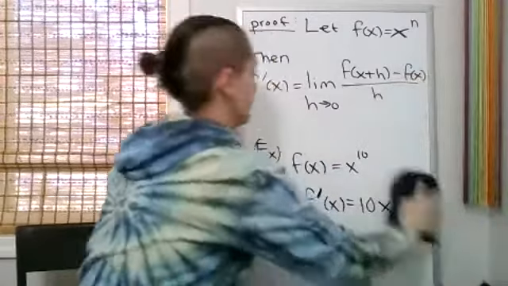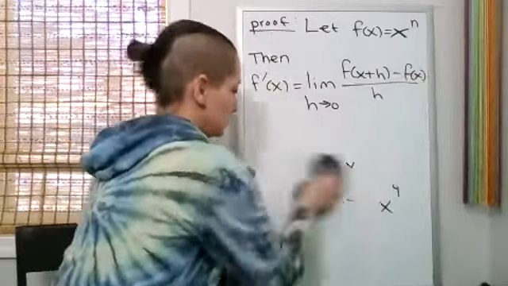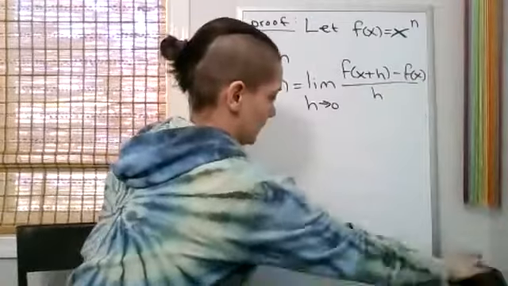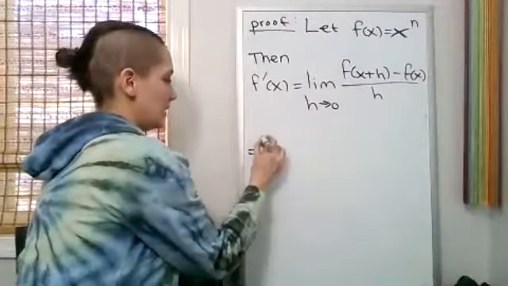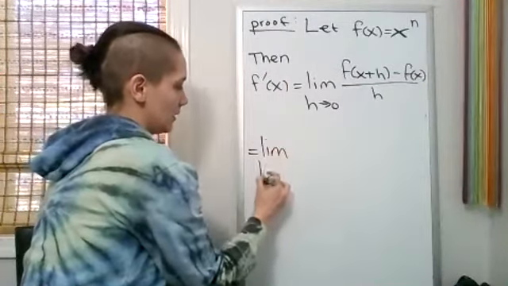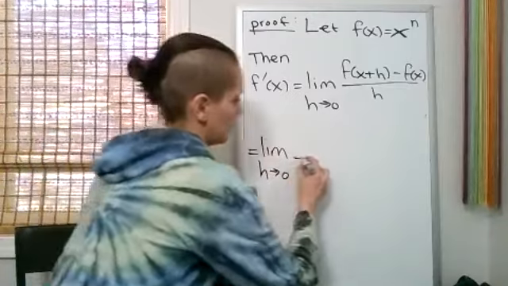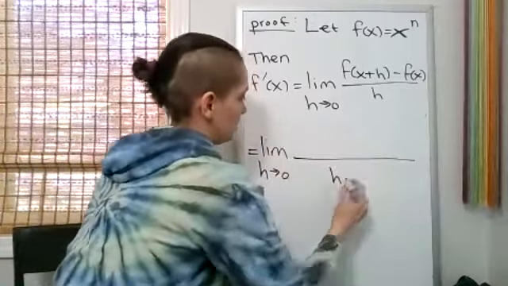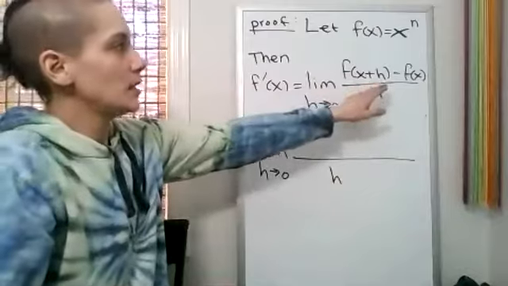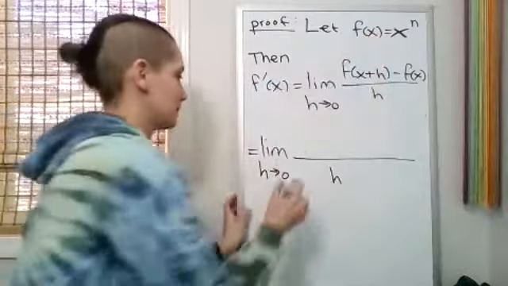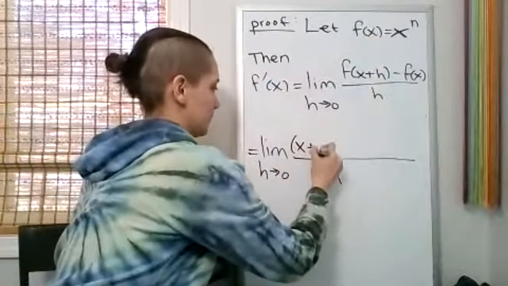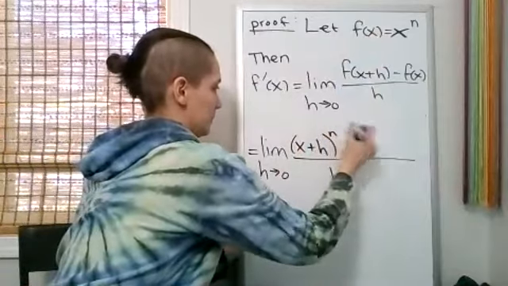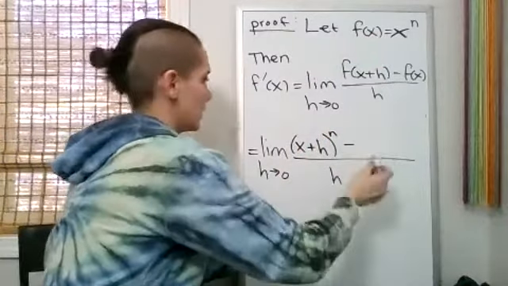And then get everything in. x plus h to the power of n, minus x to the n.